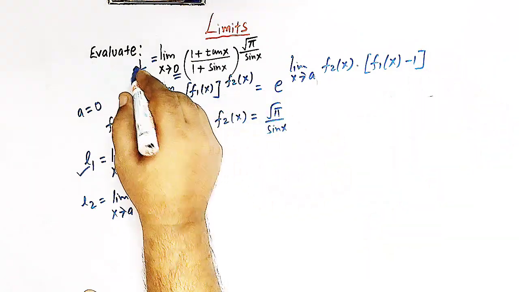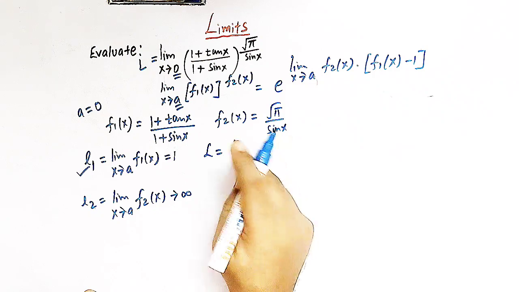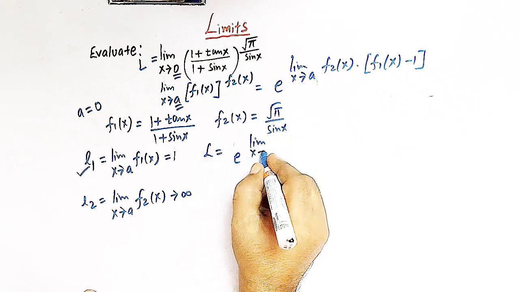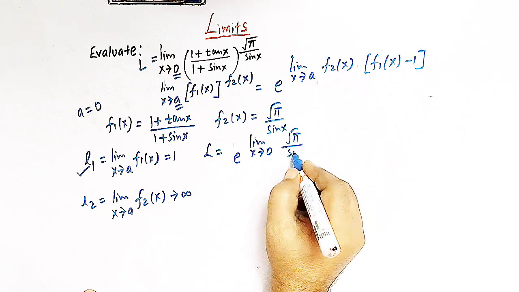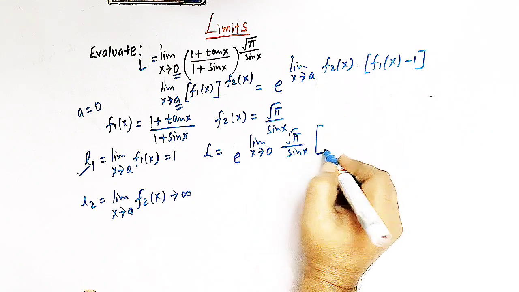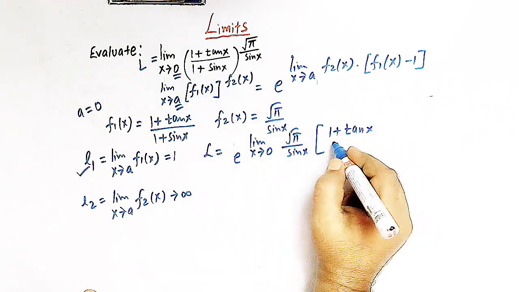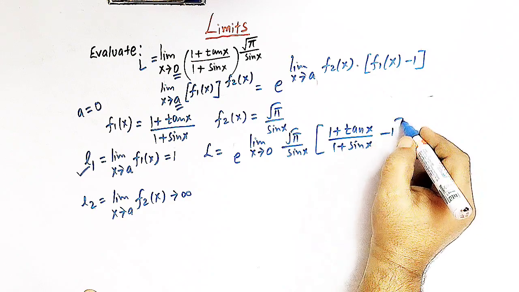So the value of this limit L can now be written as e raised to the limit as x tends to 0, where f2(x) is square root of pi over sin x, and f1(x) is given by (1 + tan x)/(1 + sin x), and here we have minus 1.